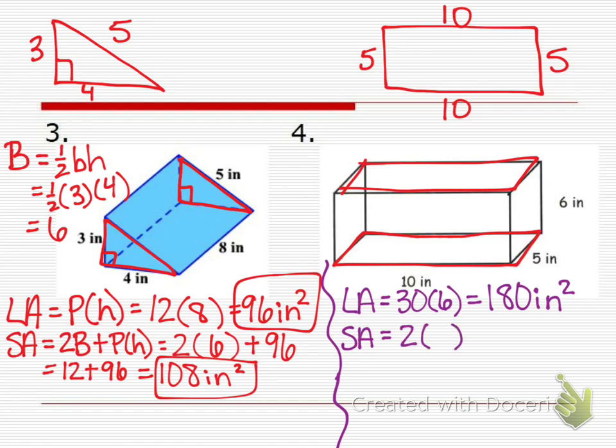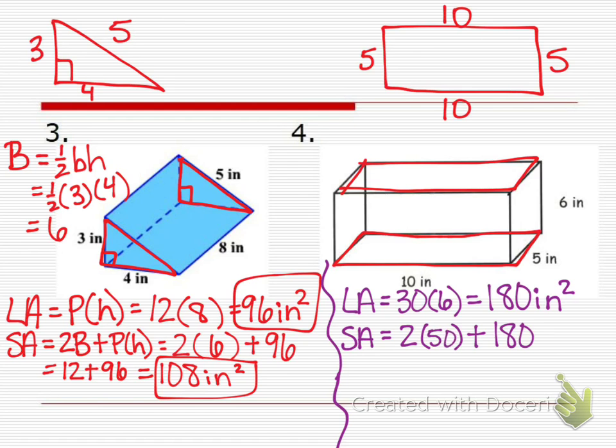We know we're going to have to take 2 times capital B, which we haven't calculated yet. We can do that in a minute. Plus P times H, we just figured out was 180. So now let's go back to that blank we left for capital B. Capital B stands for what? Area of a base. So if we look at this base we drew up here, how would we find its area? Multiply 5 and 10 and we get 50.